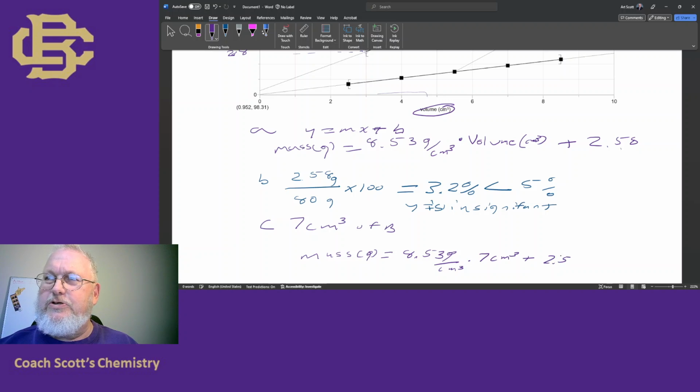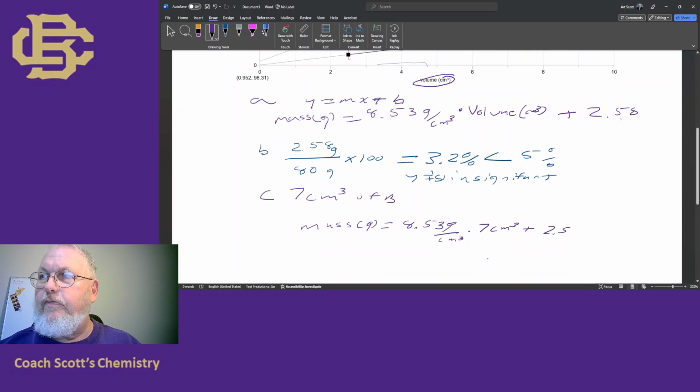I can choose to use that or not. It won't count against you if you do or you don't. So I have 7, and let's say that's 7.0, because I could go 7.1, 7.2, whatever. I said 7.0. So that's 2 sig figs.